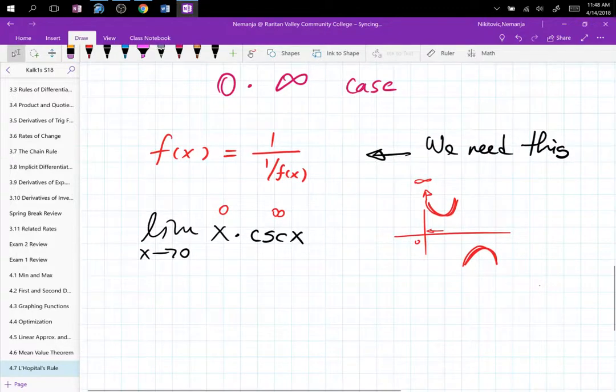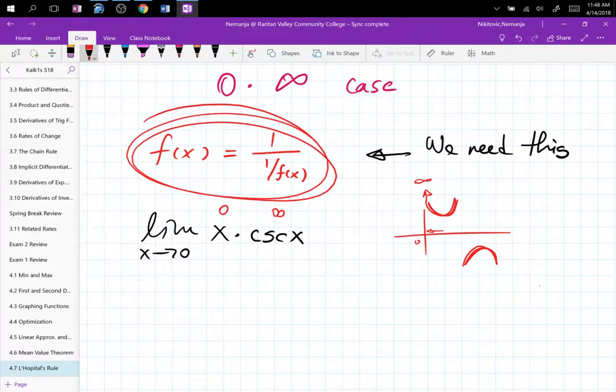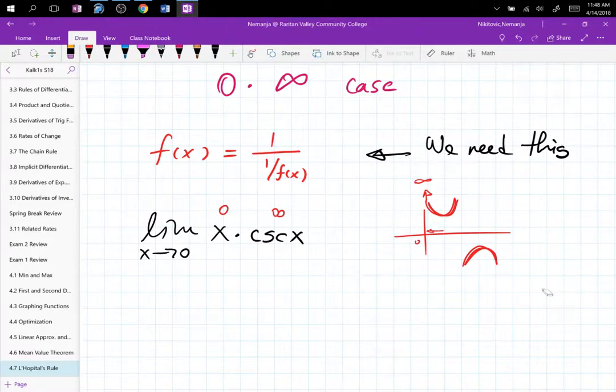So now, which way do I do this? Well, I write one of the functions using this. So let's use that on the cosecant and see if we can solve the problem quickly that way. If it doesn't work, you just backtrack and change the other one, see if that works.